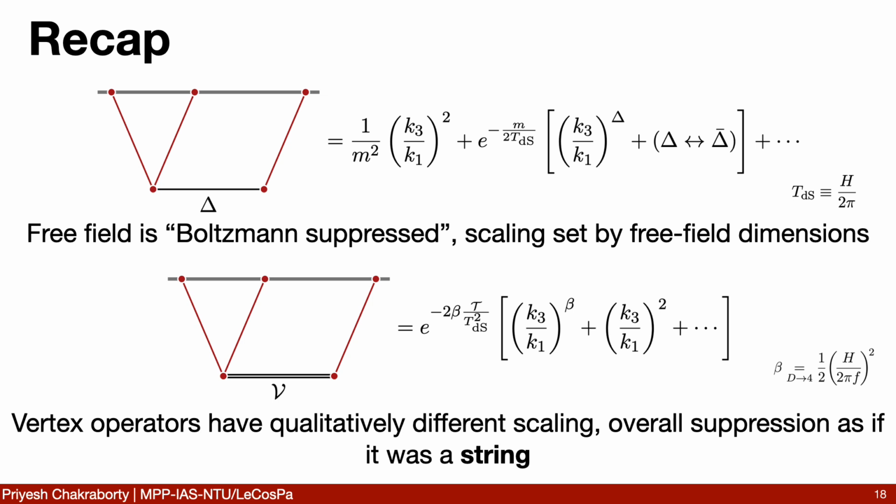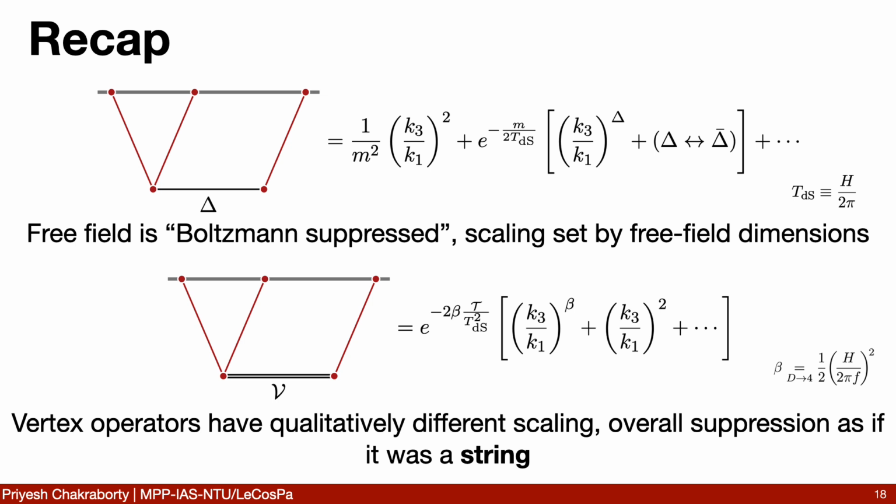Now, just to recap all that happened, if you have a free field exchange process like this, then qualitatively the shape of the bispectrum breaks down into this analytic piece, which is polynomially suppressed in the mass, and some exponentially suppressed piece, which is non-analytic in its dependence on momentum.